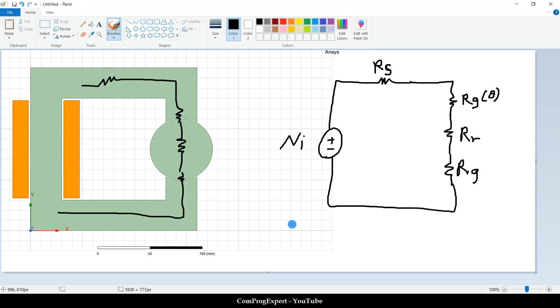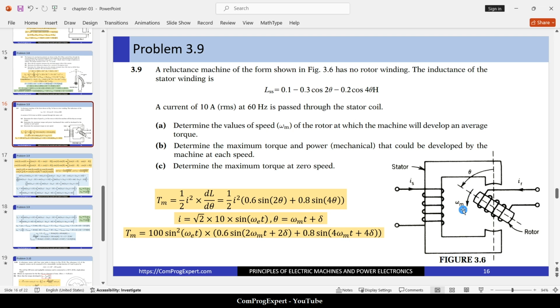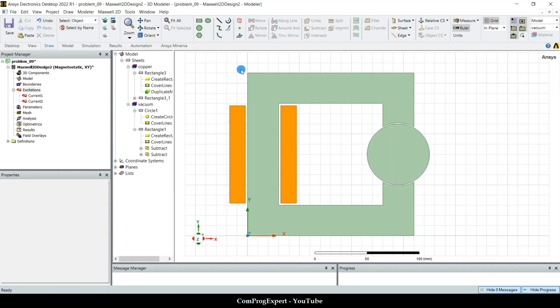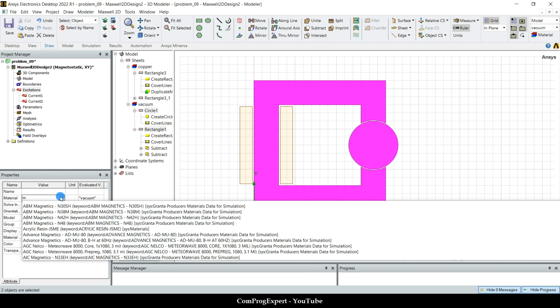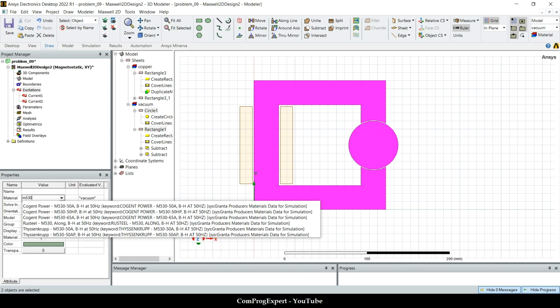Okay, so if we have a structure in such a way that the reluctance of the gaps, rotor and this gap, are functions of theta, yes, we have reluctance torque, like this one in this case. So let me assign this material M530-50A.